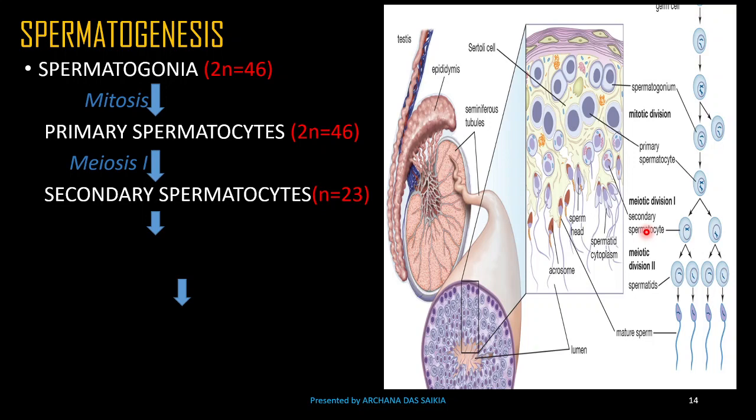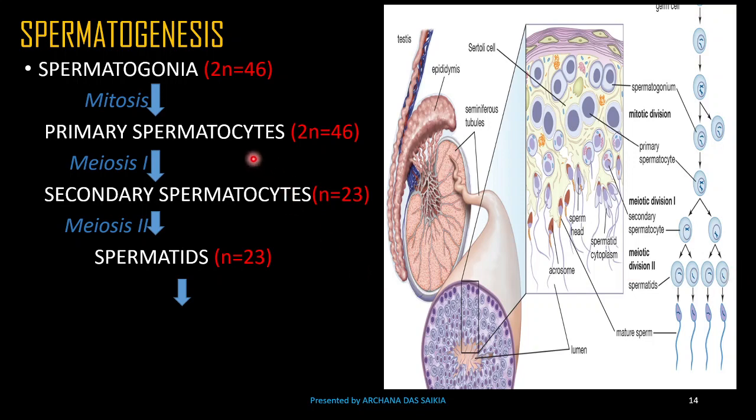Now each secondary spermatocyte undergoes the second meiotic division to form the spermatids. They continue with half the number of chromosomes, just the number of cells increases. That is the second meiotic division, which results in spermatids. How many? Four from each primary spermatocyte.